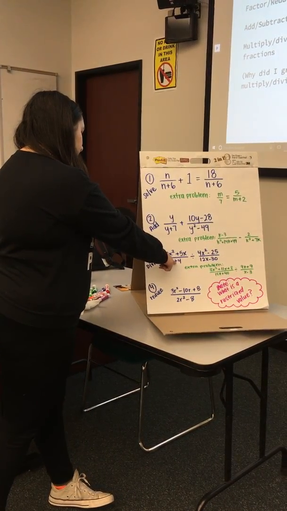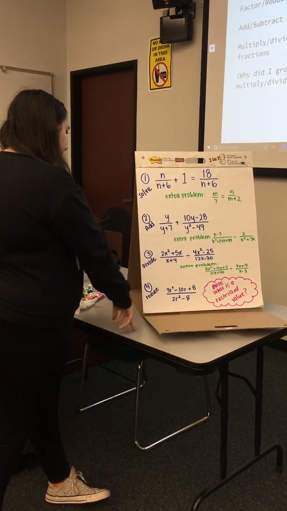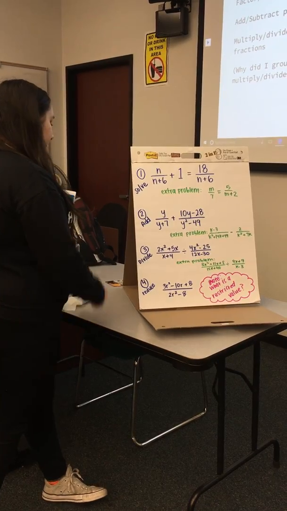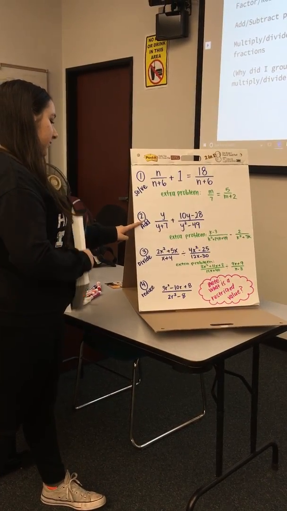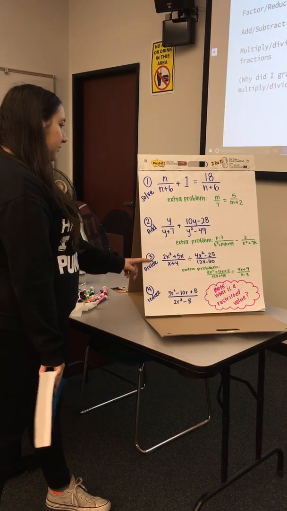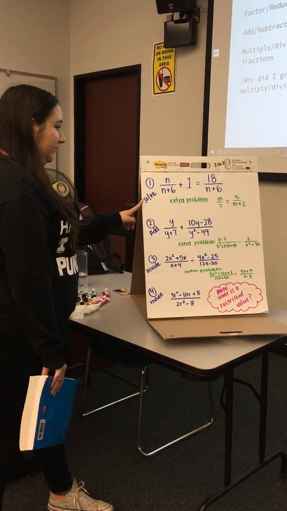And that one. Well, only one is asking you to factor and reduce. So this one? Yes. What about the add and subtract one? And then multiply, divide. Okay. And then I guess I forgot to put solve. Okay, and then solving.